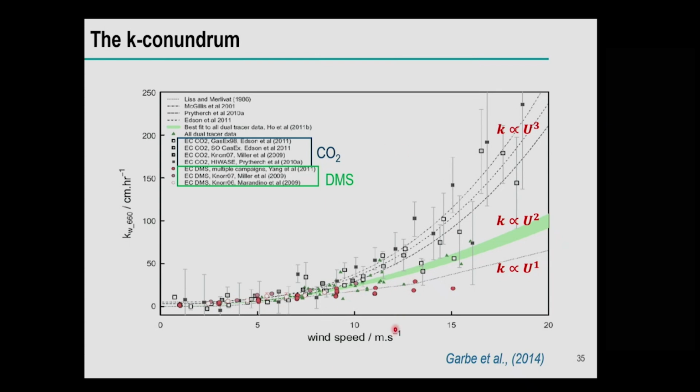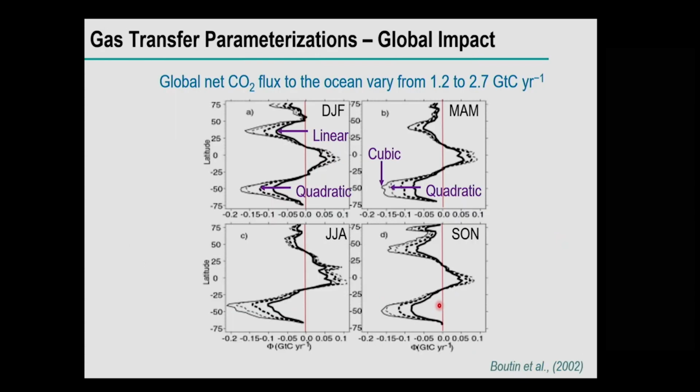And you can see that above 10 meters a second, you have a huge scatter in the data. With each data set, each field campaign, a new parameterization was proposed, and they diverge significantly. And what does this divergence actually mean for the global CO2 flux? Here I'm showing you zonal averages for the different seasons with the net CO2 flux.